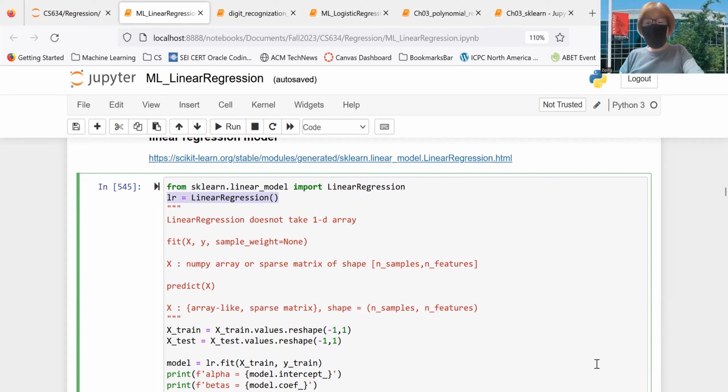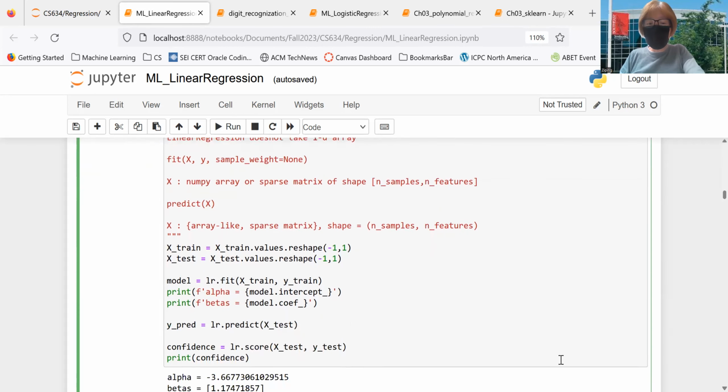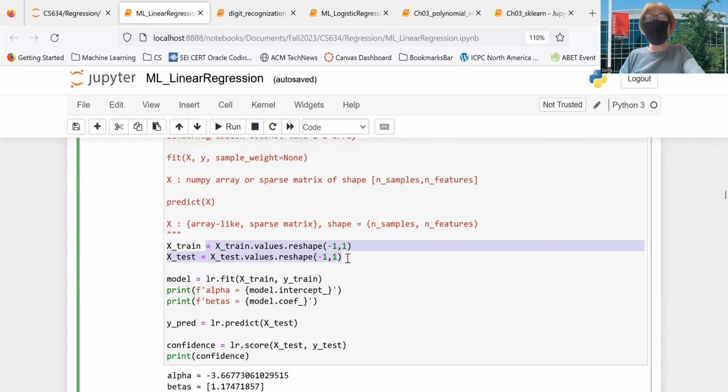But be careful here. We first need to reshape the data, because the data needs to be shaped as number of samples and features for sklearn to do training. Then you can feed the data.